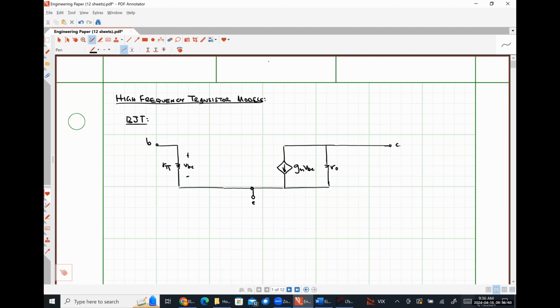So this is what we know as our BJT small signal model. In just a moment, I'm going to dim the lights a little bit. And to this model, we are going to add a couple of capacitances. The first capacitance that I'm going to add is between the base and the emitter.